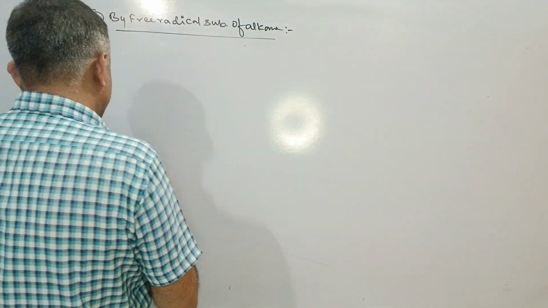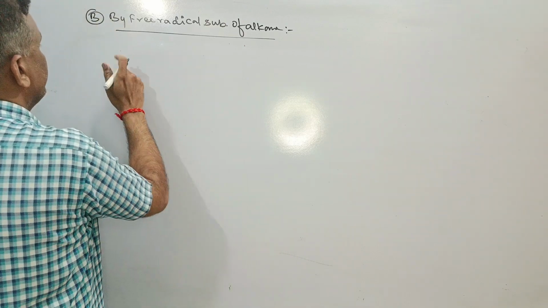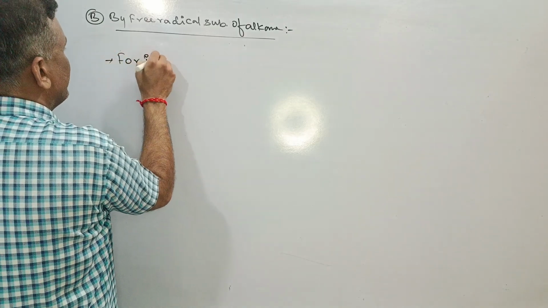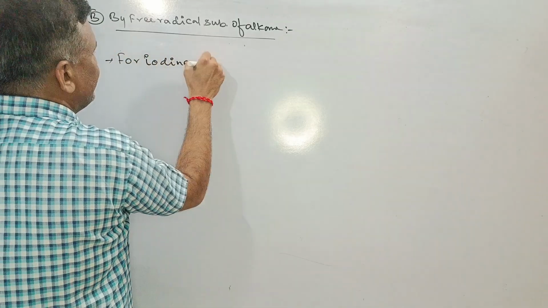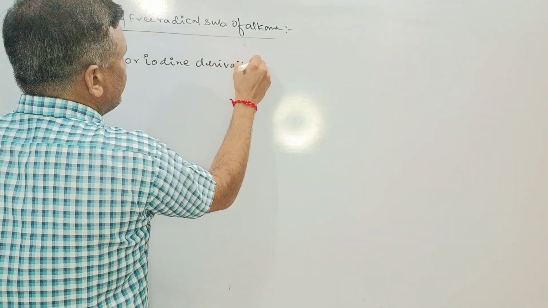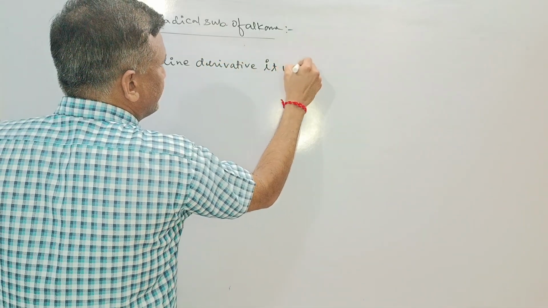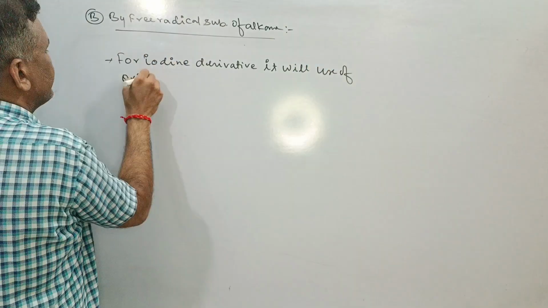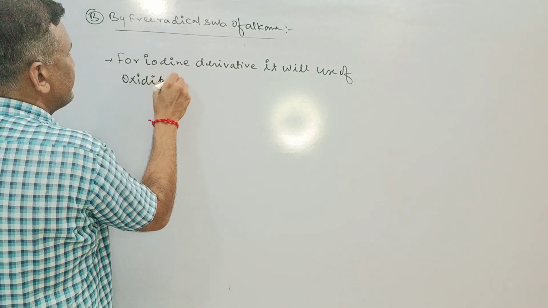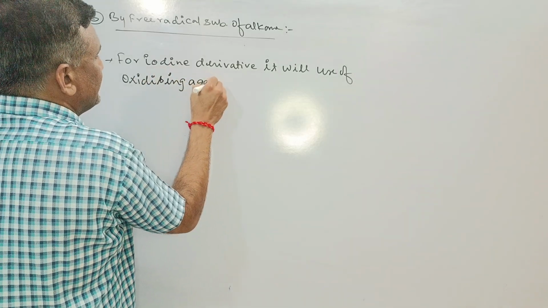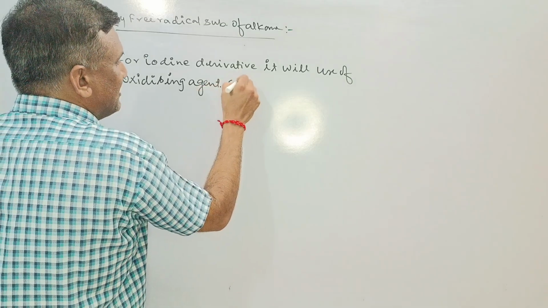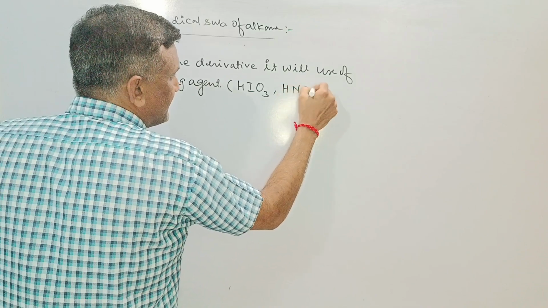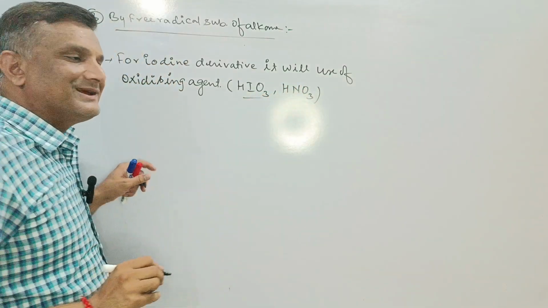For iodination, for the iodine derivative, we will use an oxidizing agent so that the reaction is not reversible. As an oxidizing agent we can use HIO3 or HNO3, iodic acid or nitric acid.